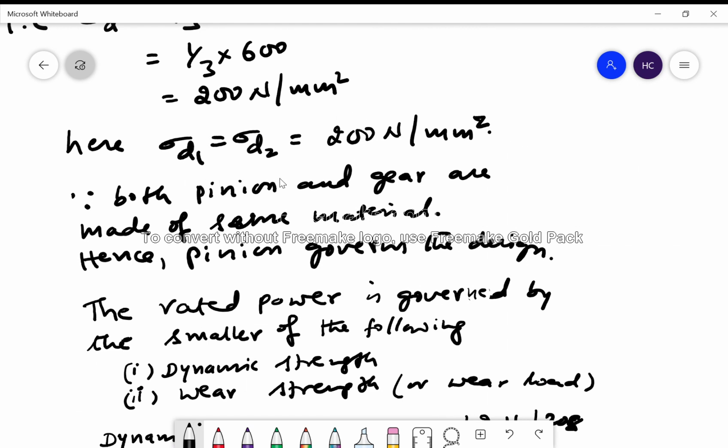Since both are made of same material, pinion governs the design.